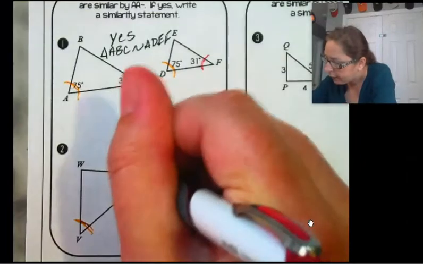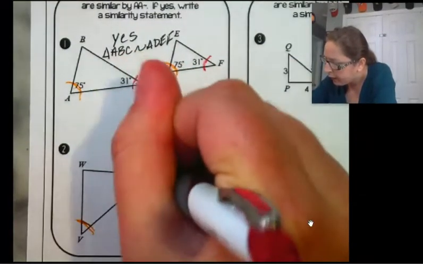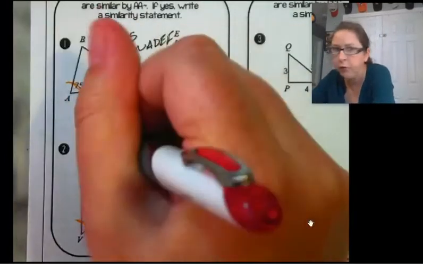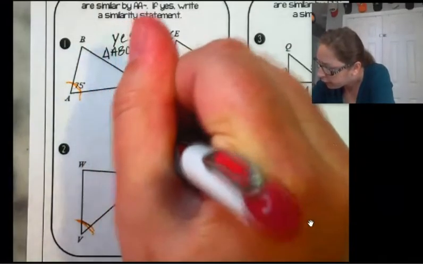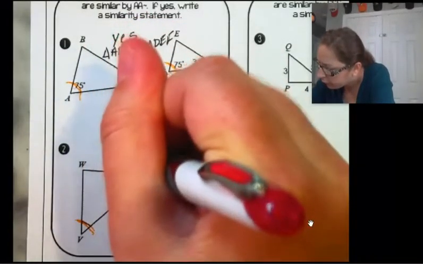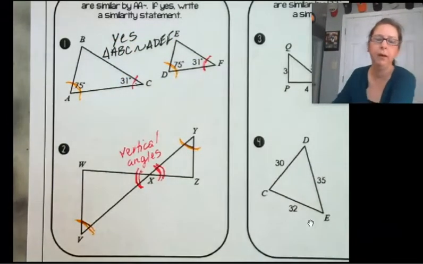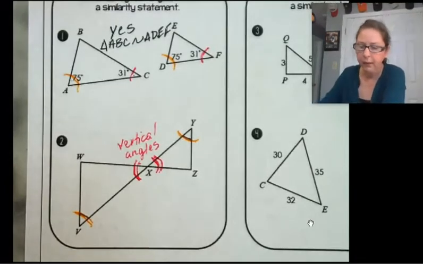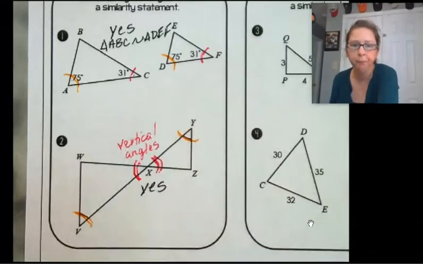I know that angle X is congruent to angle X. How do I know this? Just a vocabulary check. These are vertical angles. And vertical angles, we learned, are congruent angles. So yes, these 2 triangles are similar.